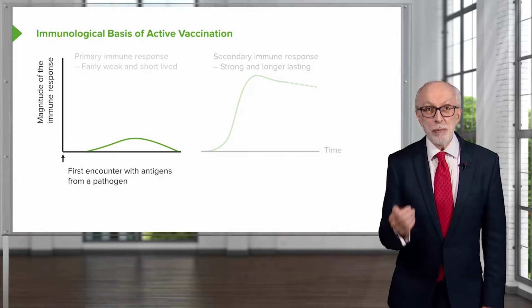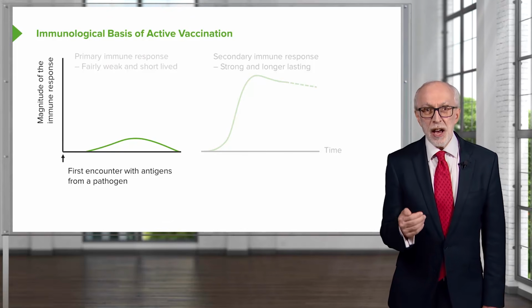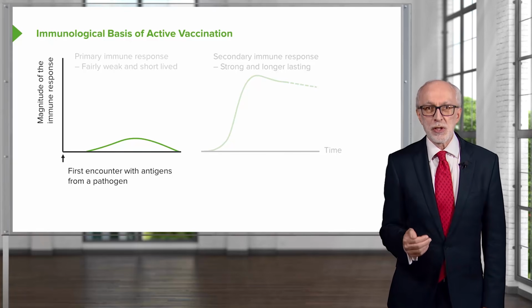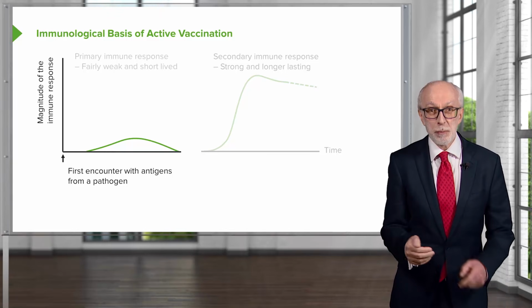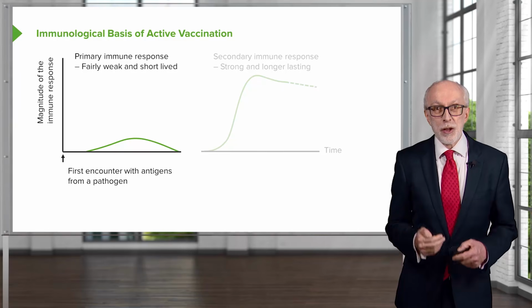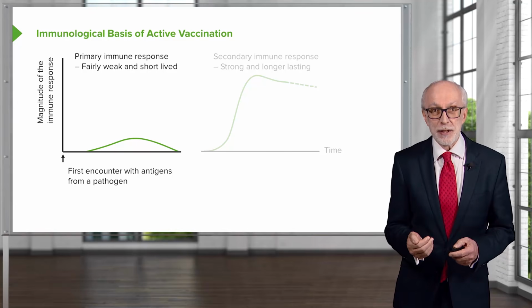Let's have a look at the immunological basis of active vaccination. Here we have a diagram showing you the magnitude of the immune response following the first encounter with antigens from a pathogen. This would be a natural infection that we would be exposed to. The primary immune response is fairly weak and short-lived.